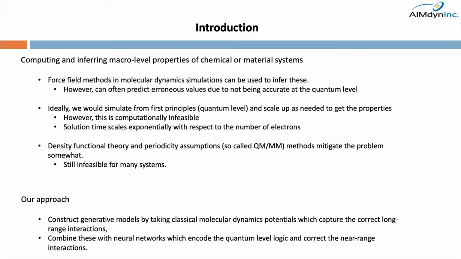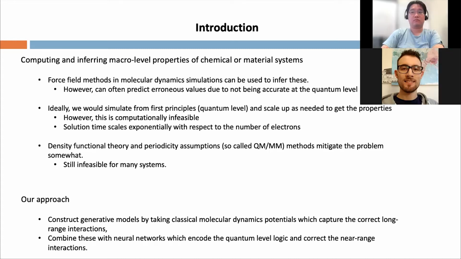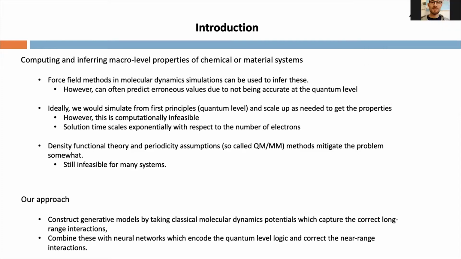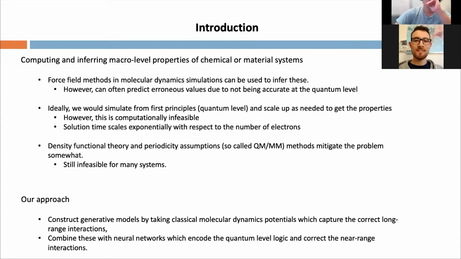So, intro to the problems that we're going to care about. We'd really like to compute and infer macro level properties of chemical or material systems. So this connects with the previous talk by Marta. Force field methods in MD simulations can be used to infer these, but however, we can predict erroneous values due to not being accurate at the quantum level.